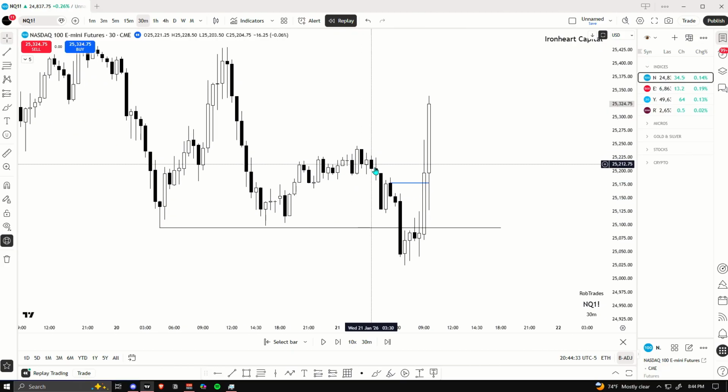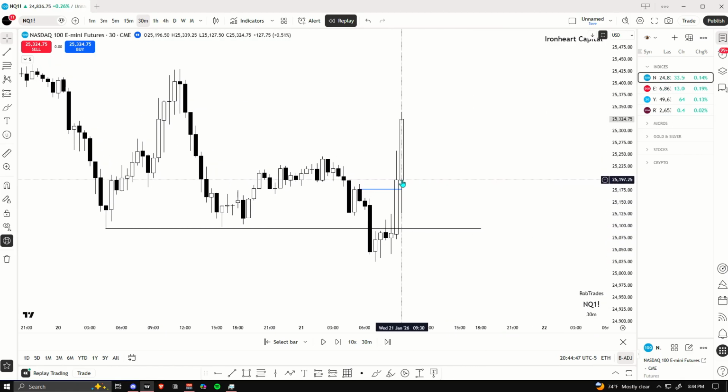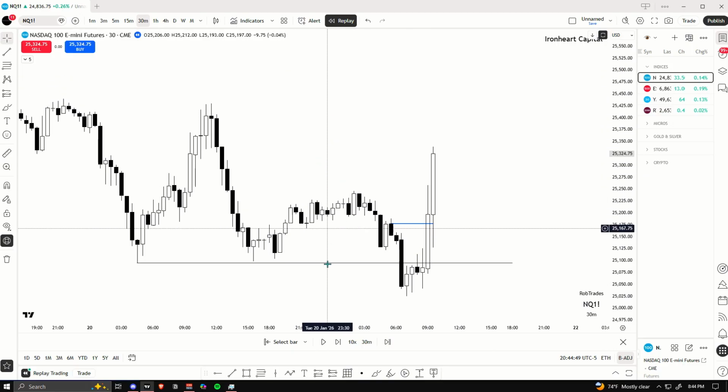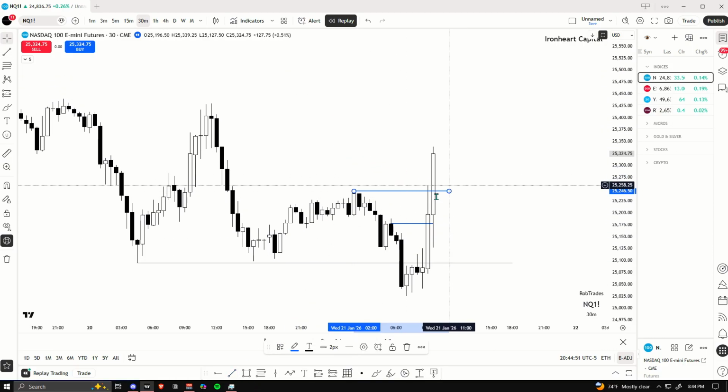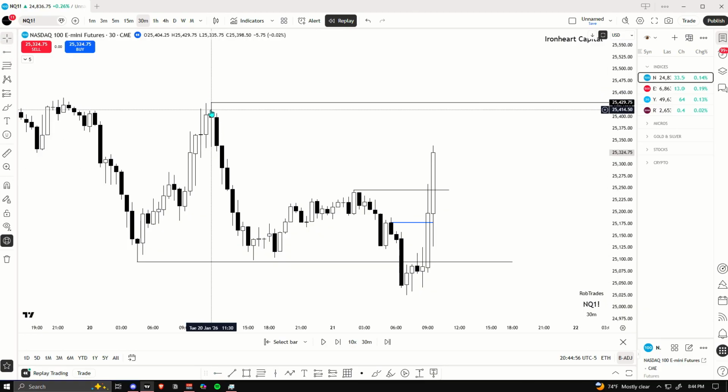Notice how price was selling into the low, consolidated, and then gave us that quote unquote light bulb, right? This is where you can see, okay, wait, is price now going to flip into a buy model? How do you know? Well, the next candle opens lower and goes higher. And so you have a draw here, which is a very short-term draw, but more importantly you have this high up here, which is previous day's high.